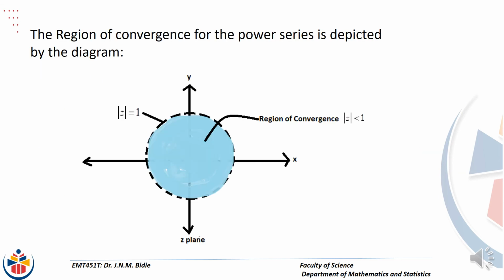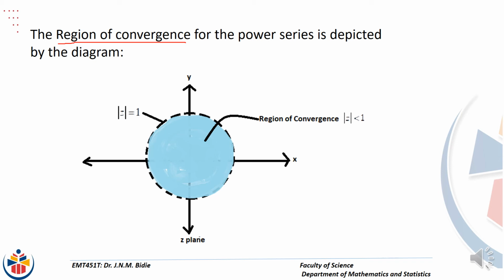Let's do some examples. But before we do examples, let's just plot the region of convergence for a power series so that we get to understand how it looks. So the region of convergence of a power series is as given in the diagram.